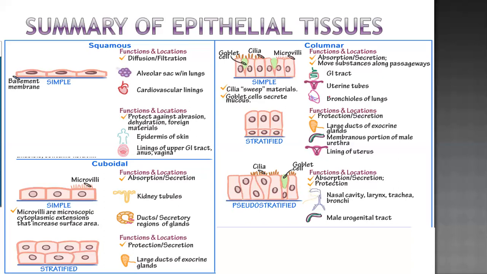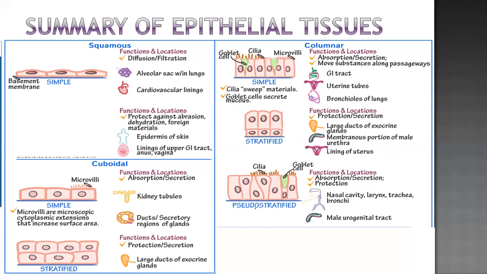And here in uterine tubes, bronchioles of the lungs, protection and secretions, and present in the lining of the uterus, and all important parts of the body as well. And nasal cavity, larynx, trachea, bronchi, urinary tract, so all the places they are present.